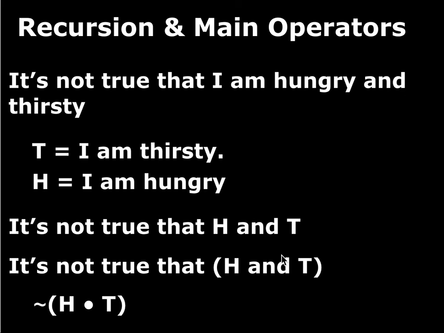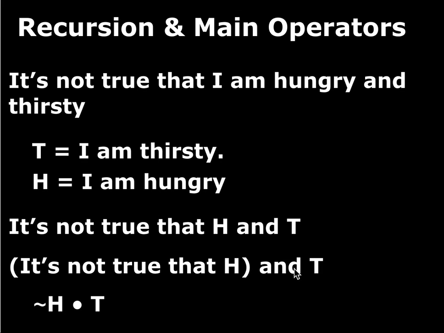Instead of putting the parentheses here, couldn't we have said, it's not true that H and T, and then translate it this way? The answer is yes. If you just look at this one, then it's ambiguous. We don't know, if you just looked at this, whether this is where the parentheses go or whether they go around the H and T.